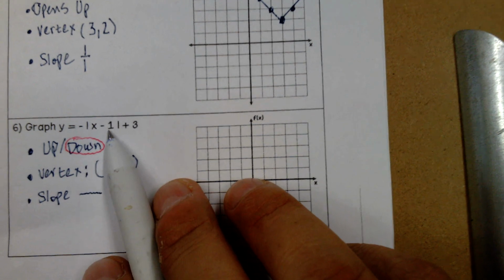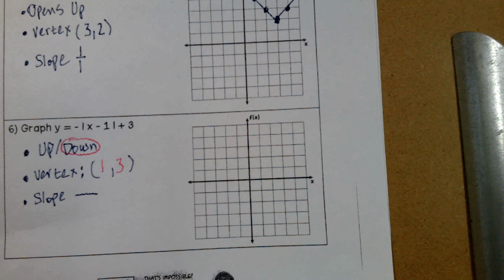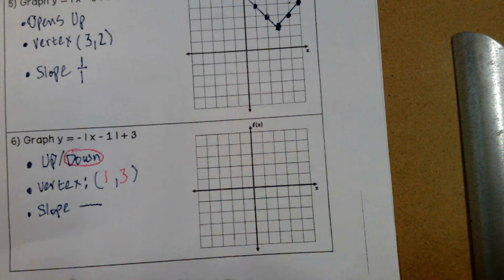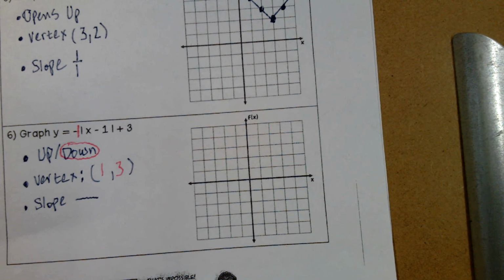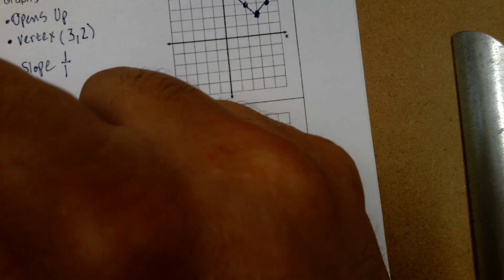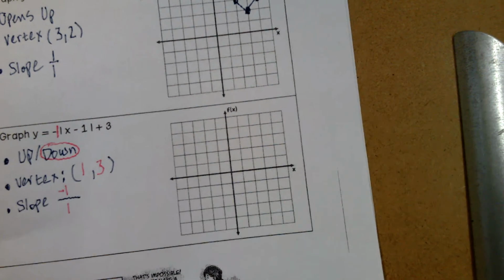Yeah, it's -1 here, so it's +1 actually, and then +3, so that's 1 comma 3. How about the slope? You remember, it's here. What's the coefficient? So let's make it -1/1.